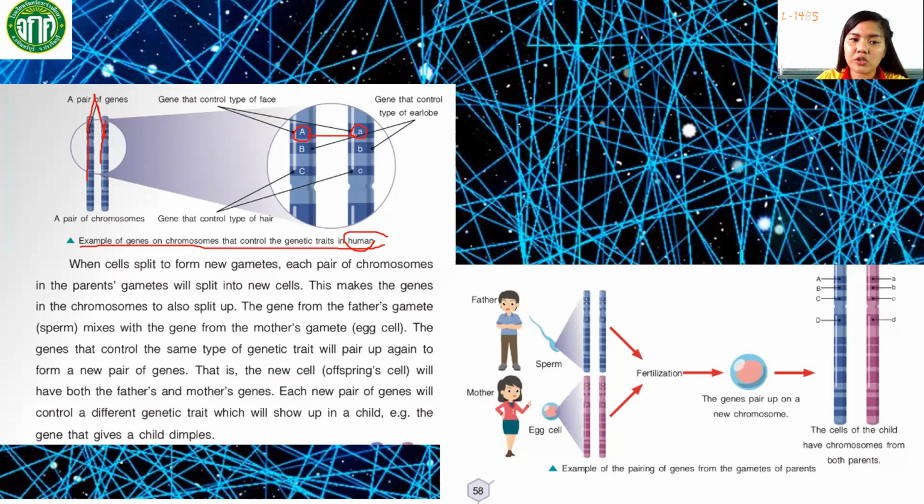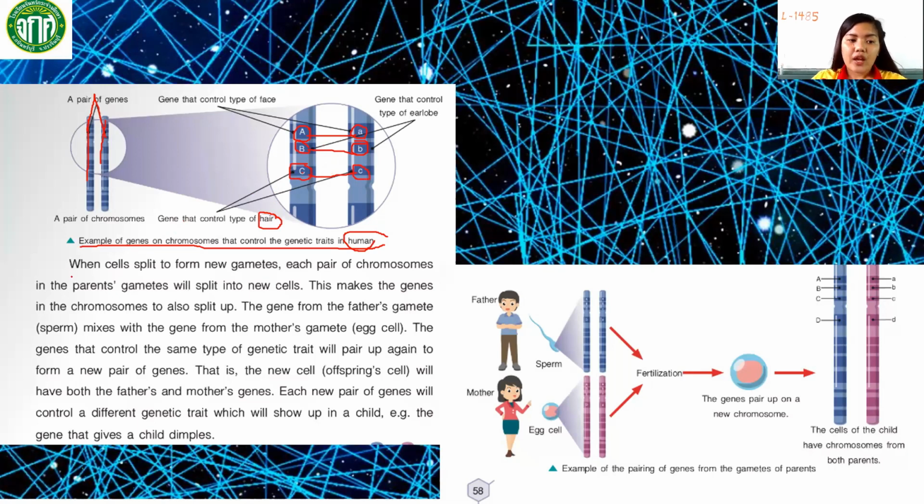They also come in pairs. Next, the gene that controls the type of earlobe will be B. They are also in pairs. And then the gene that controls the type of hair is gene C.